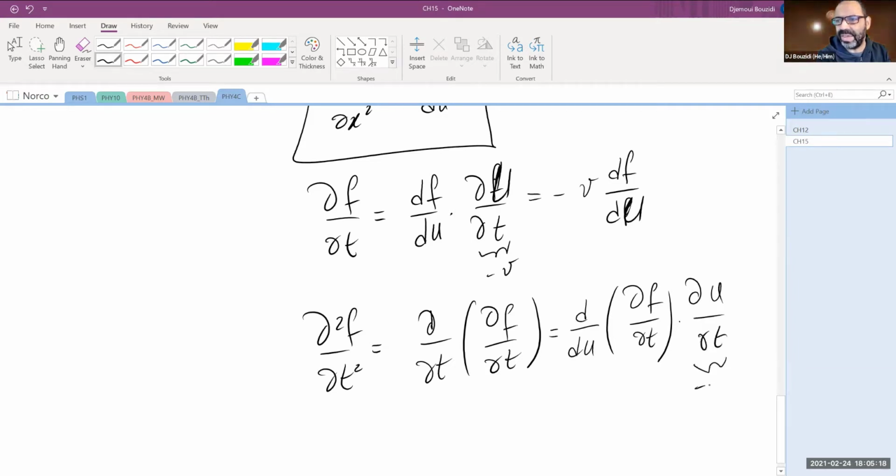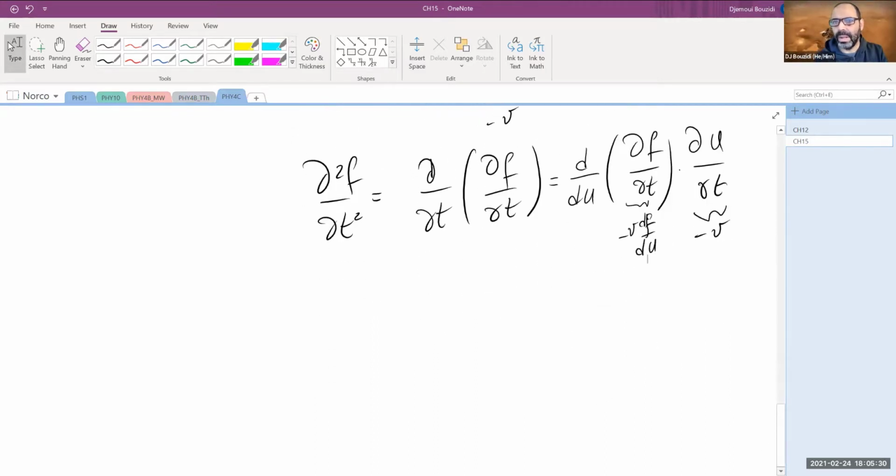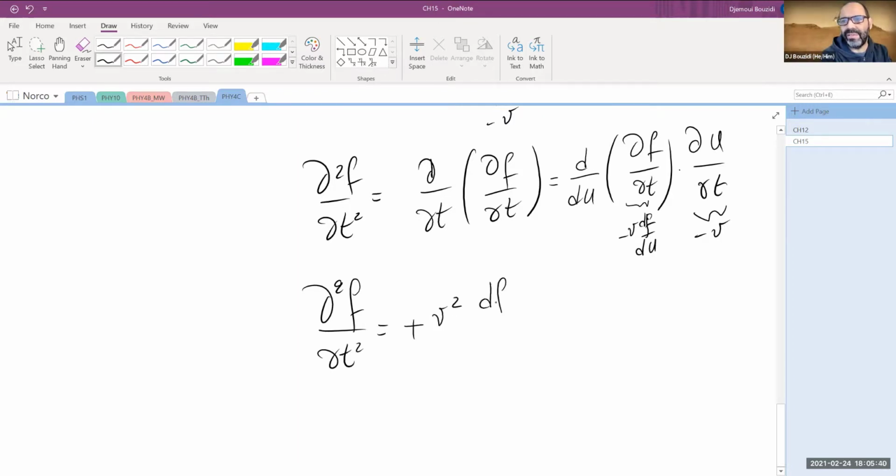And this is another minus v, the same thing. So I have a minus times minus, that's a plus. And now the second equation, for the second derivative with respect to time, is going to have a positive v squared times the second derivative of f with respect to u.